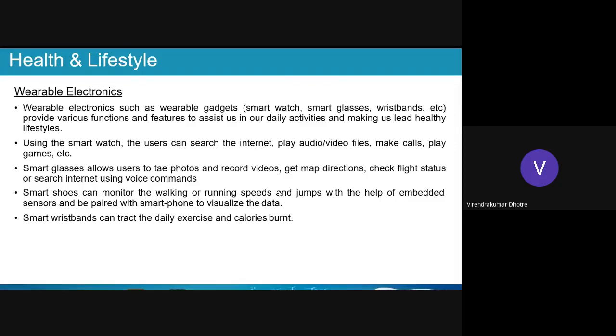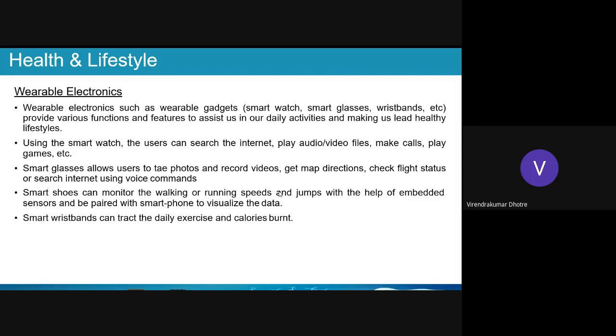Smart glasses allow users to take photos, record videos, get map directions, check flight status, or search the internet using voice commands. Smart shoes can monitor walking and running speeds and jumps with the help of embedded sensors, which are paired with a smartphone to visualize the data.